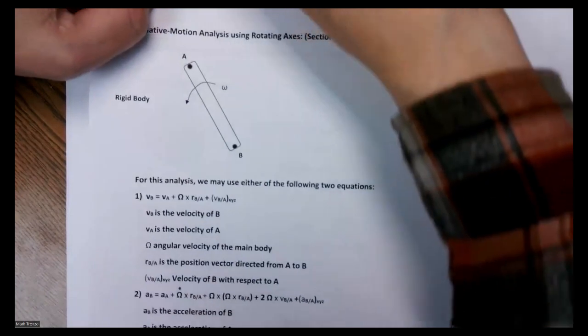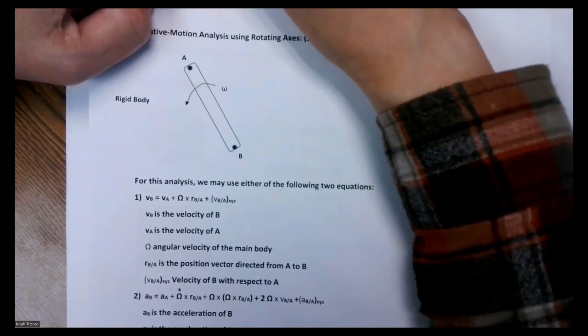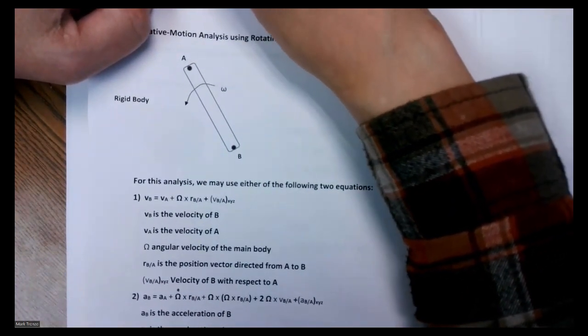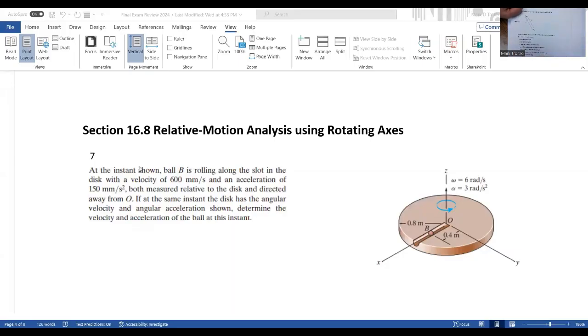So in our case here, if we look back up at this picture, you can see this disk is kind of the main body. It's the one that's rotating, and that's the one that's going to have the main body acceleration, main body velocity, main body angular acceleration.